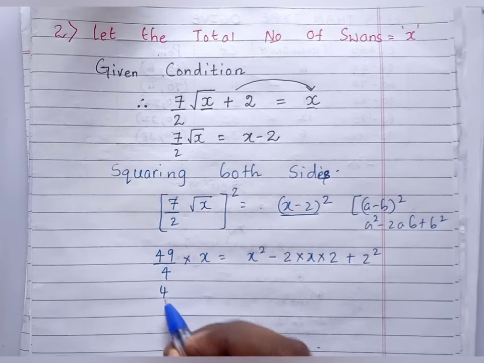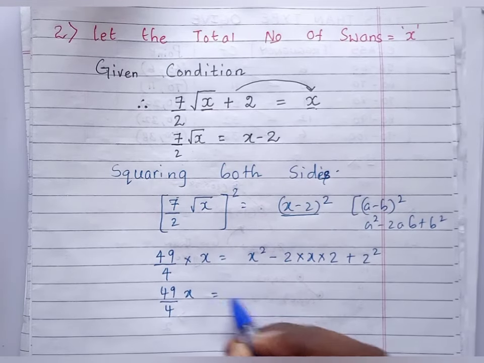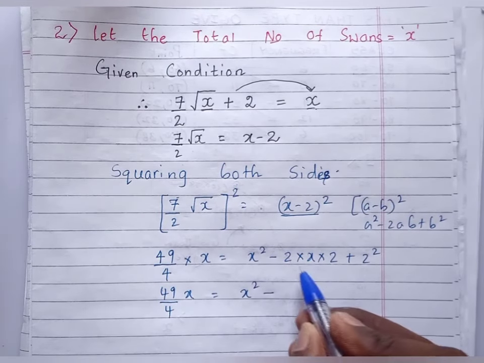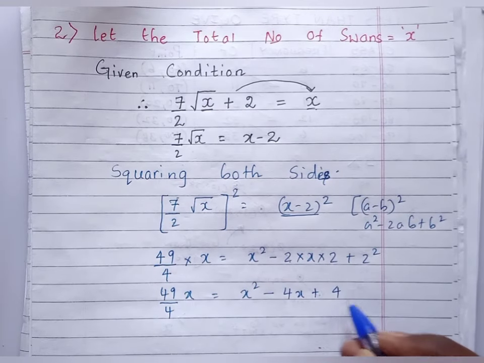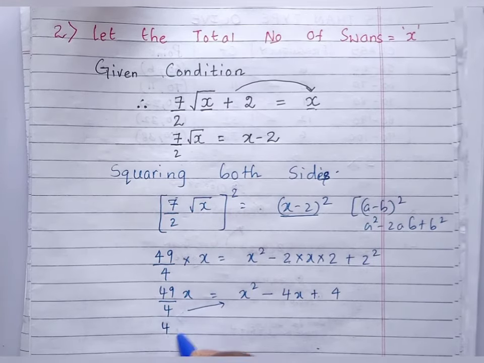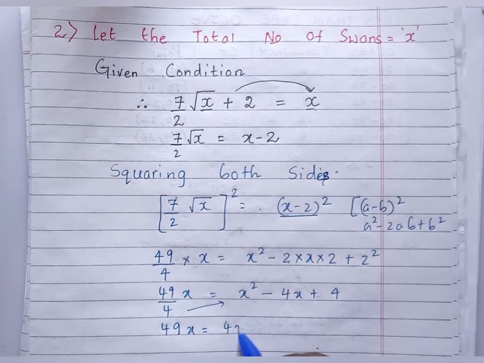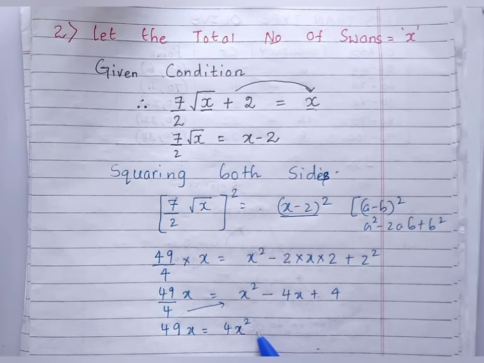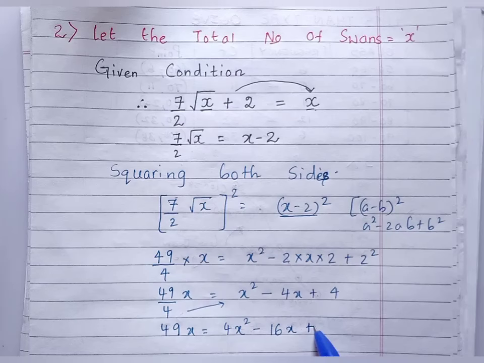Now 49 by 4 x equals x square minus 2 2s are 4, 4x plus 2 square is 4. Now I'll take 4 to RHS. So what will we get? 4x square. Next 4 into 4x is 16x, plus 4 4s are 16.